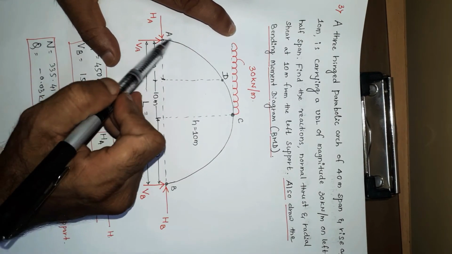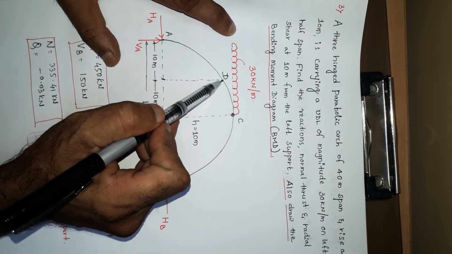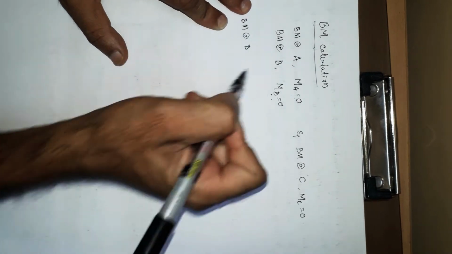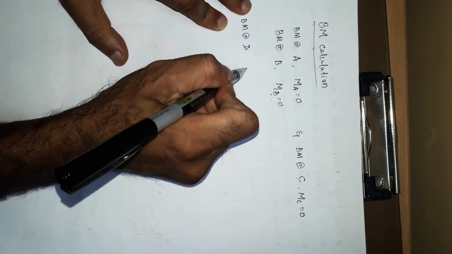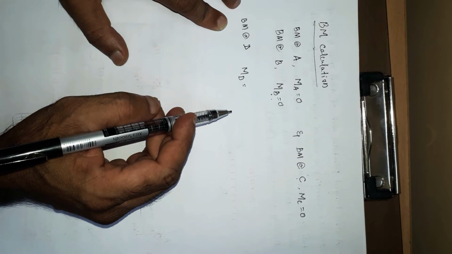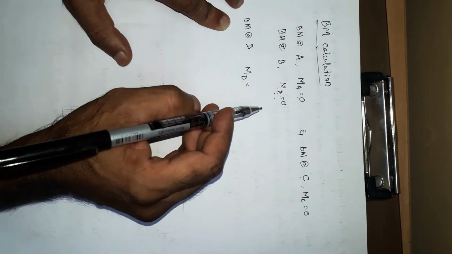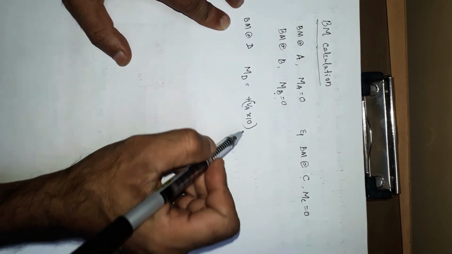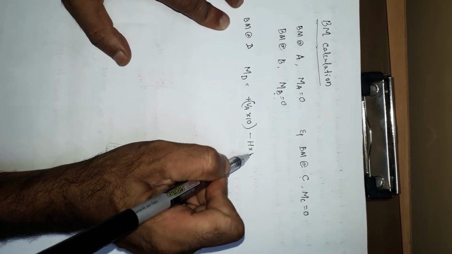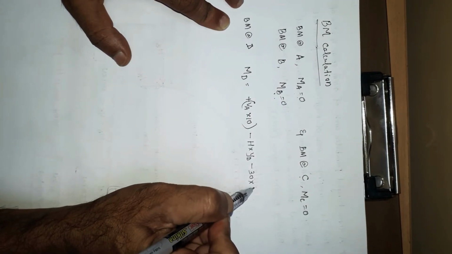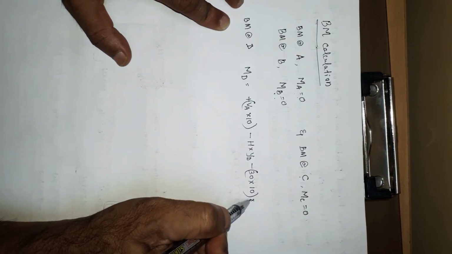If you consider the arch portion AC, we have to calculate bending moment at D. So bending moment at D, that is MD, is equal to plus VA into 10, minus H into YD, minus 30 into 10 into 5.